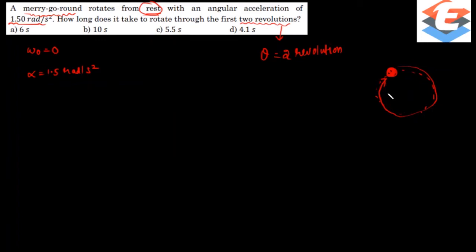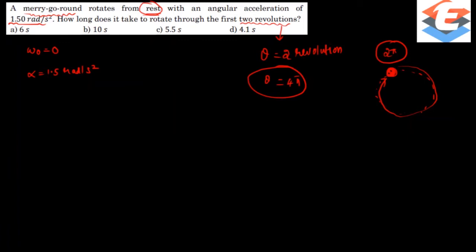So two revolutions means when it completes the circle two times. For completing one circle, it requires 2 pi angle. For two revolutions, it's going to be 2 into 2 pi, which is nothing but 4 pi. So the theta value will be 4 pi, the total angular displacement.